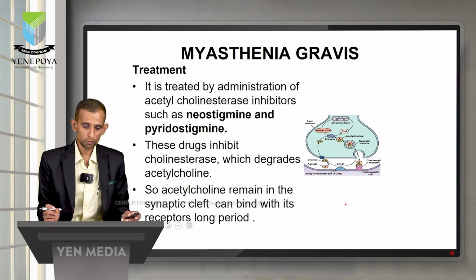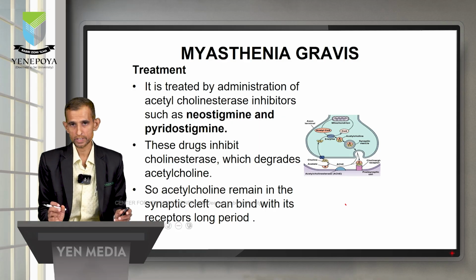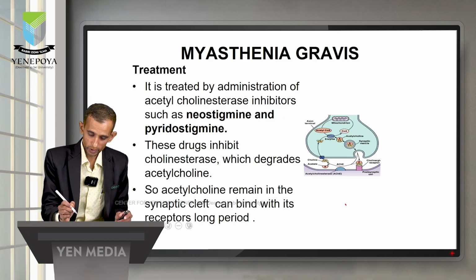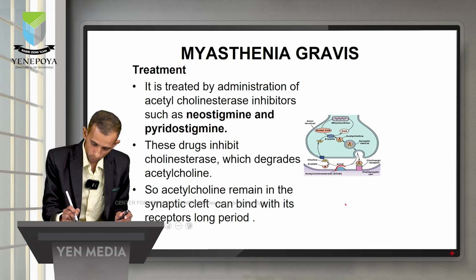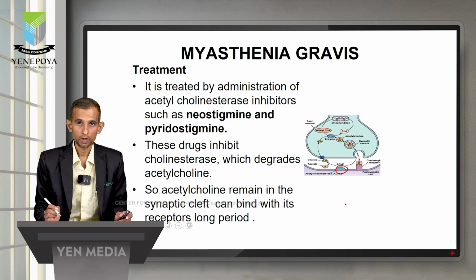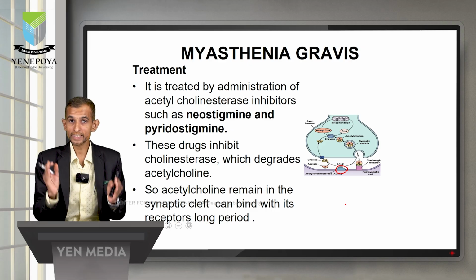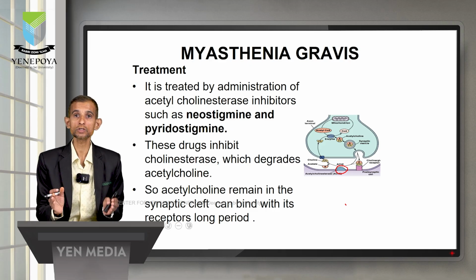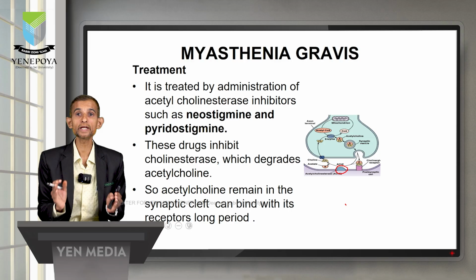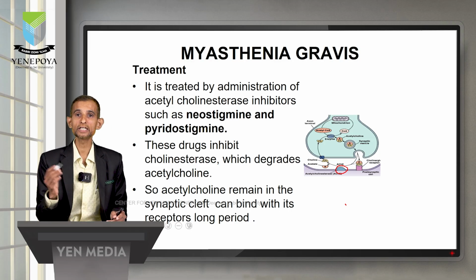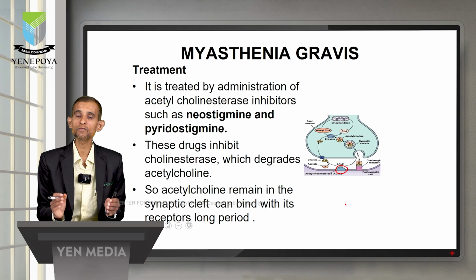Now, what is the treatment for myasthenia gravis? In this diagram, you can see acetylcholine esterase. What is the normal function of acetylcholine? When acetylcholine from the axon terminal binds to the acetylcholine receptors, it leads to opening of ligand gated sodium channels and production of end plate potential.